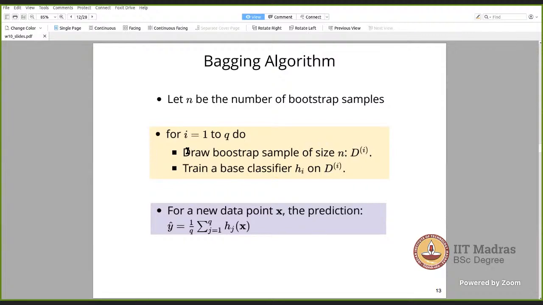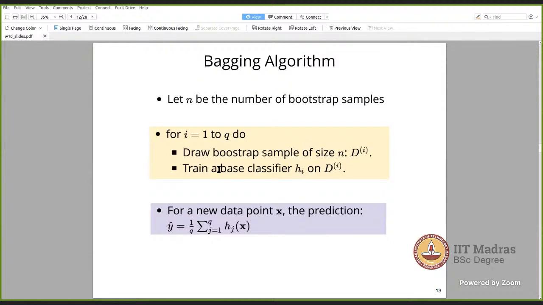Now, this is the same thing that we just spoke about. N is the number of samples in the given data. We will have some Q bootstraps where each bootstrap will be of this size N, and we'll train different decision trees. We're talking about bagging, so it's a generalized technique.